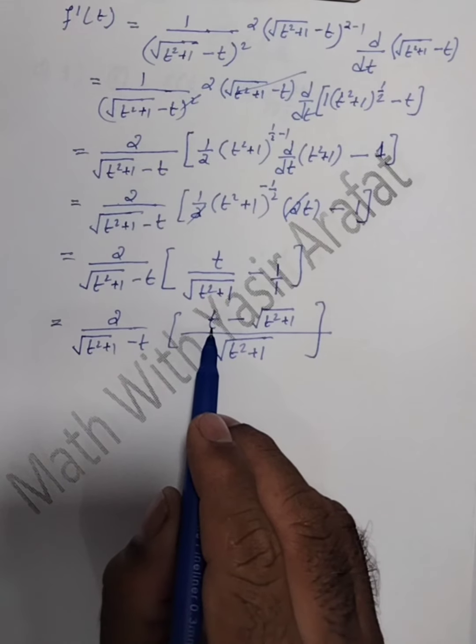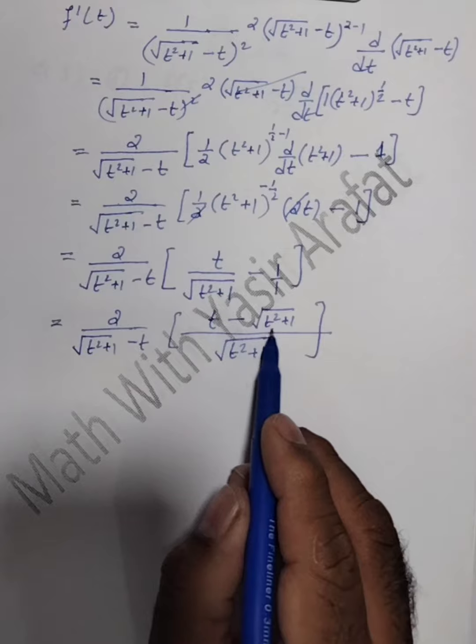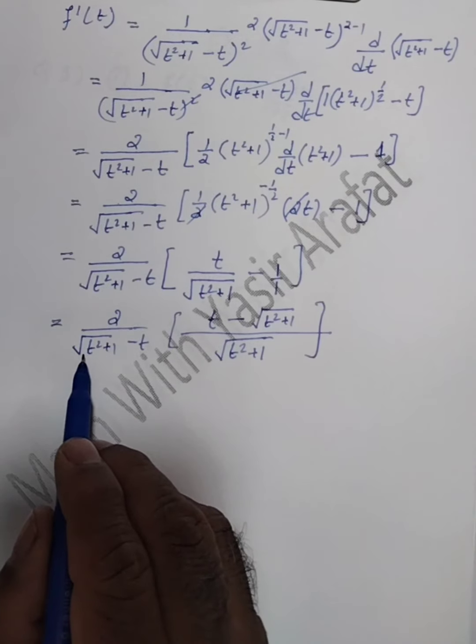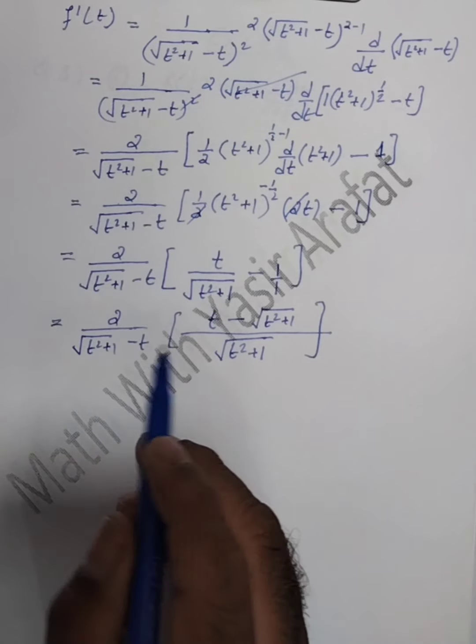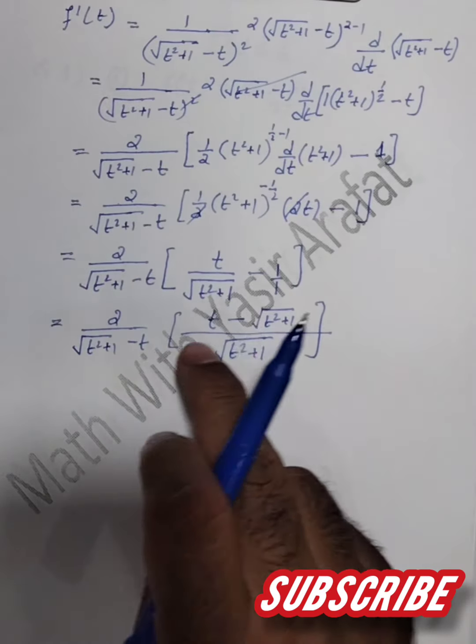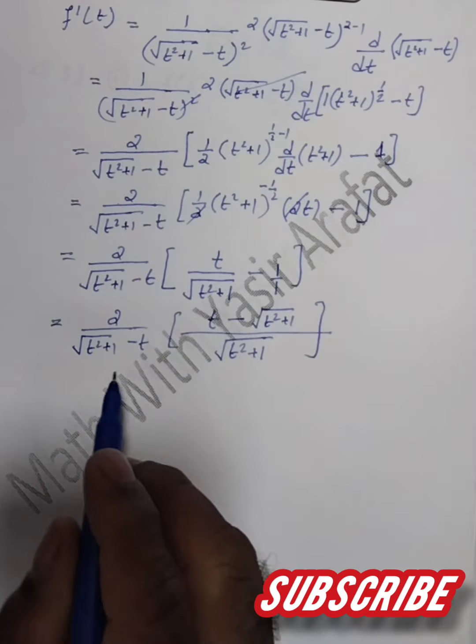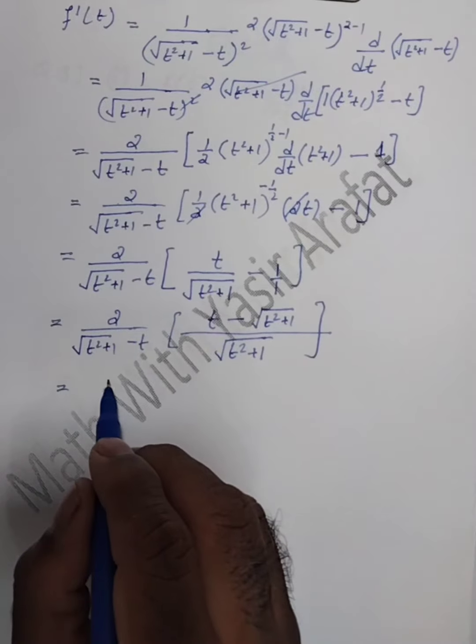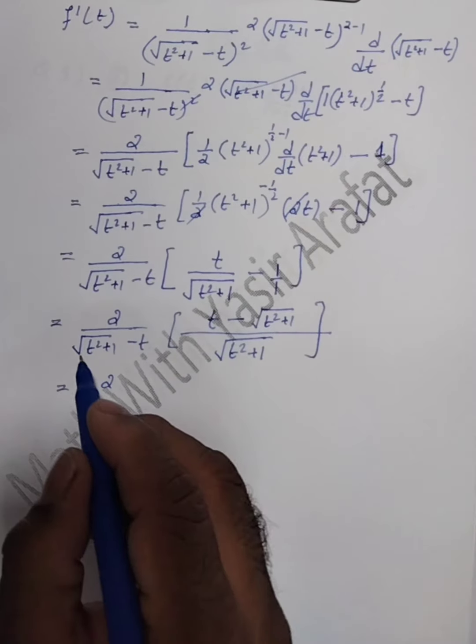If you focus on this numerator, this is t minus the radical of t square plus 1, and this is the radical of t square plus 1 minus t. We have the same expression with opposite sign. So we have to take the negative sign common from the numerator.